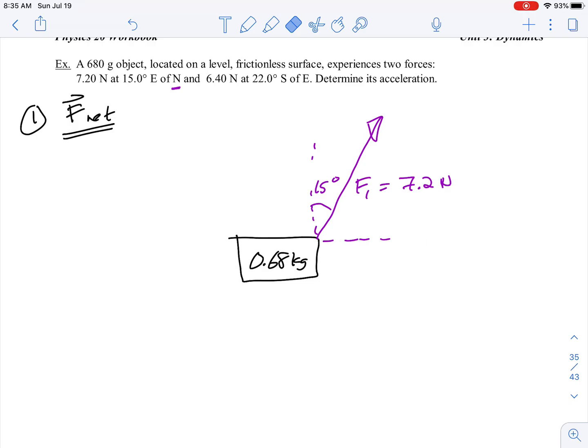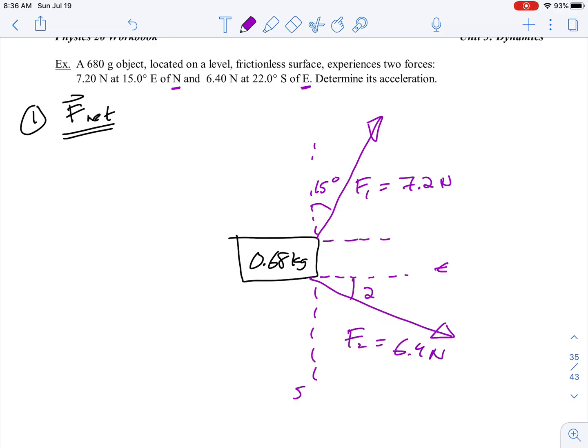Now let's do the other one, which is going to go south of east. So there's east, here's south. And again, second letter is where you start. So now we're going to start east and go 22 degrees south from there. And this is your F2 of 6.4 newtons.